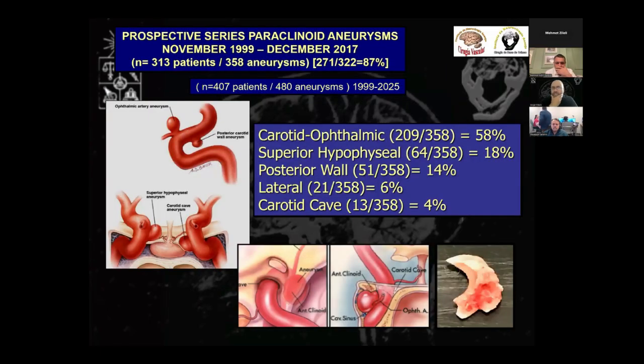The first thing I did as a surgeon, I was very interested in paraclinoid aneurysms, and now I have operated almost 500 cases. I know that in the 21st century endovascular treatment is a very good option, but when you have visual compromise, for me microsurgery is still the best way. But it's complex surgery. You need to deal with the cavernous sinus, with the roof of the cavernous sinus.